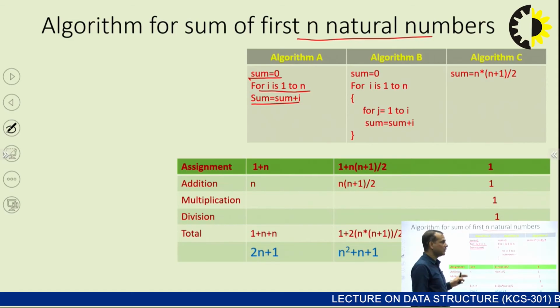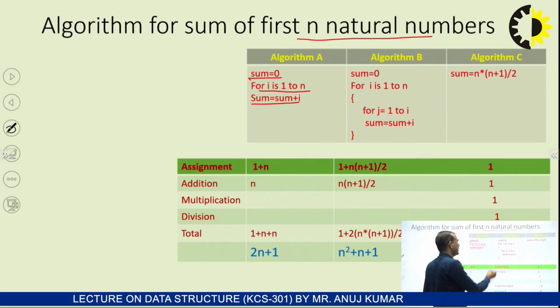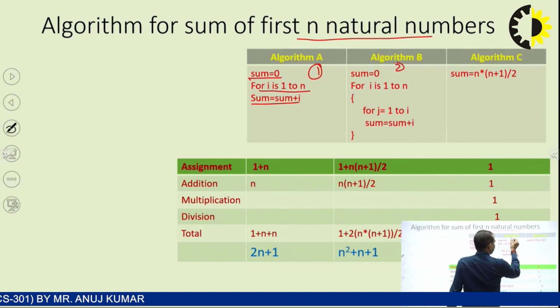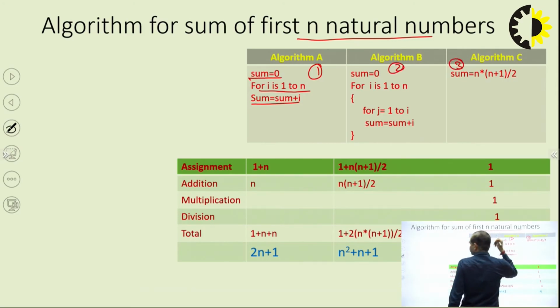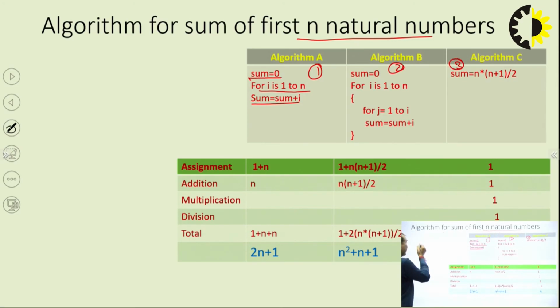So to sum the first n natural numbers, we write down 3 algorithms, number 1, number 2, number 3. Now we have to represent this through a graph. How can we represent it mathematically? So we use the assignments.